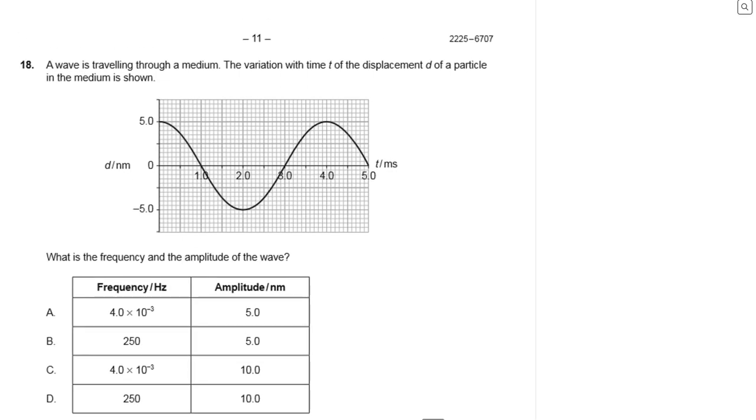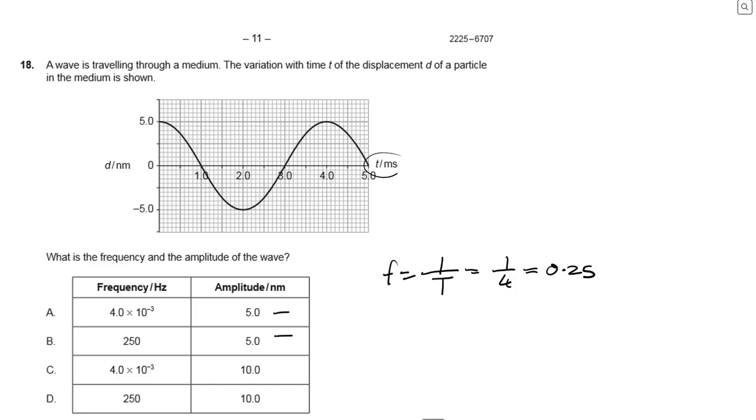Question 18. A wave is traveling through a medium. The variation in time t of the displacement d of a particle in the medium is shown. What is the frequency and amplitude of the wave? Amplitude is clearly 5. Frequency is 1 over time period, and time period is 4, so 1 over 4 is 0.25.